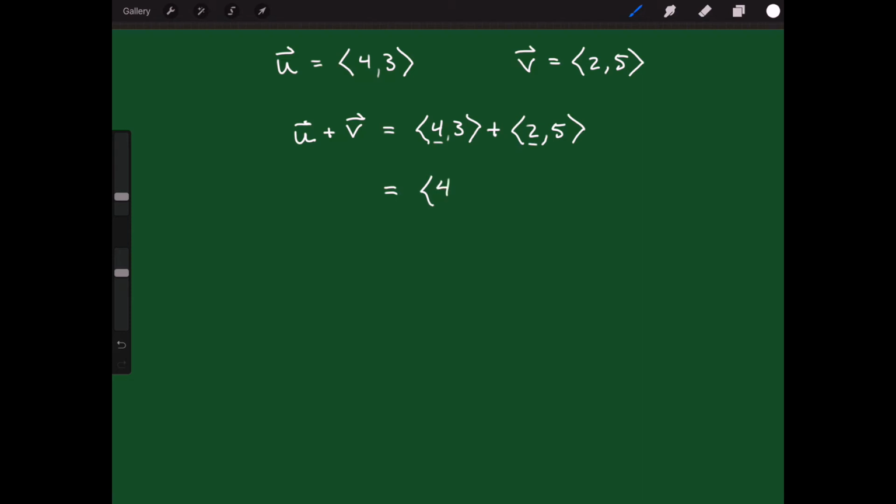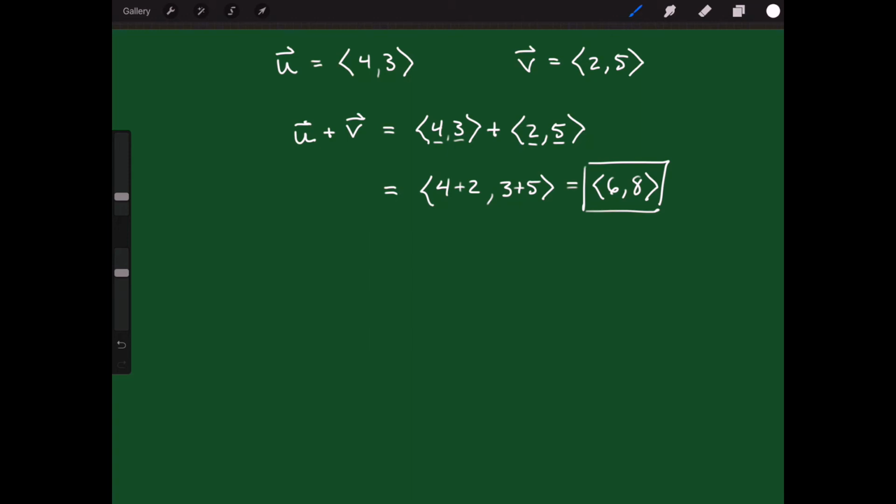So I'm going to add 4 plus 2. Then I'm going to add the y components together, 3 plus 5, which is going to give me 6, 8. So in this case, u plus v is the vector 6, 8. Again, assuming that the starting point of my vector is the origin.